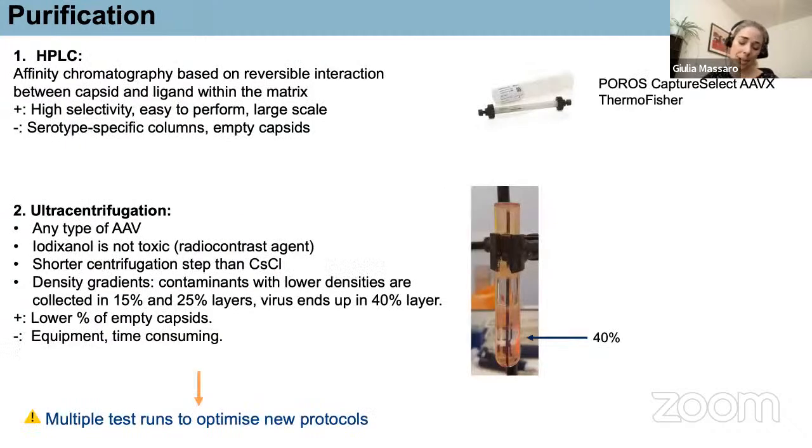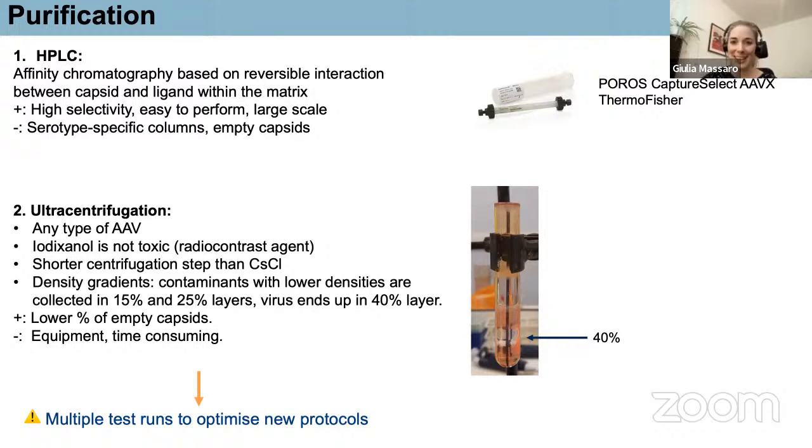In terms of purification, we use mainly two methods. We have available an HPLC machine, as I previously said, and an ultracentrifuge. For the HPLC, I'm using the POROS AAVX columns from Thermo Fisher, and this is because, of course, every user wants to produce a different capsid, a different AAV vector.